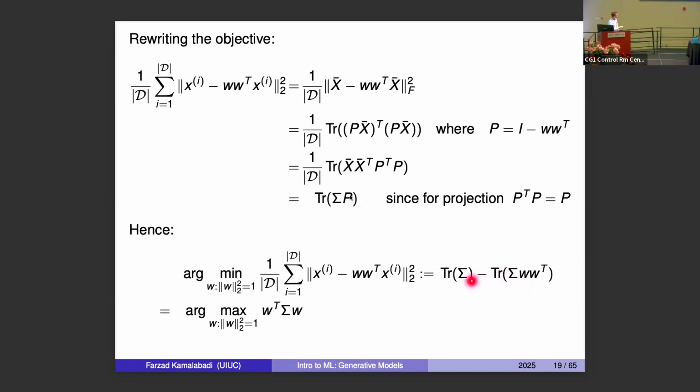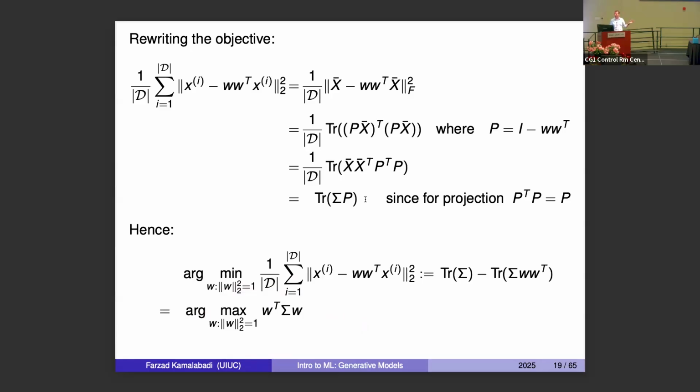We are minimizing with respect to W, so the first term, which doesn't have W in it, goes out because it's not a function of the weights. So we are just maximizing the trace of sigma W W transpose, and we arrive at exactly the same problem as before.